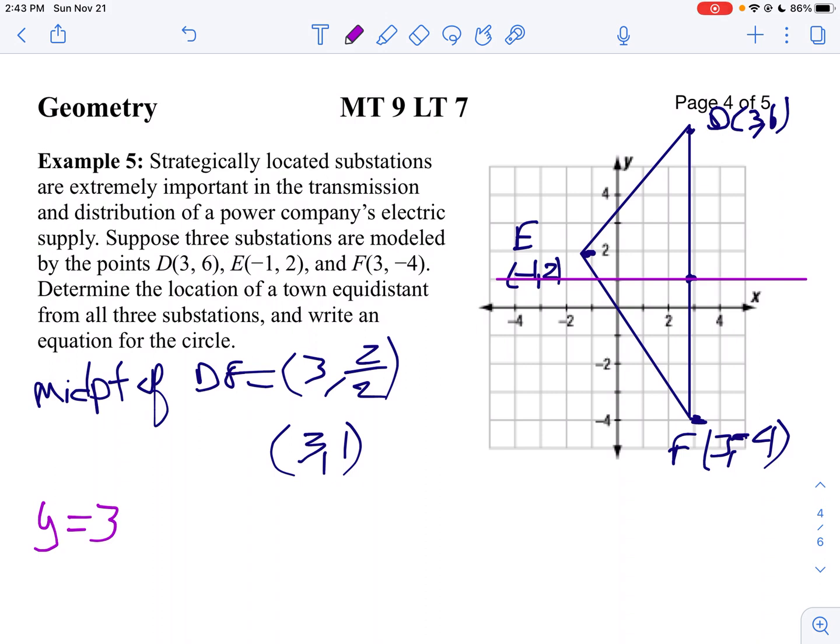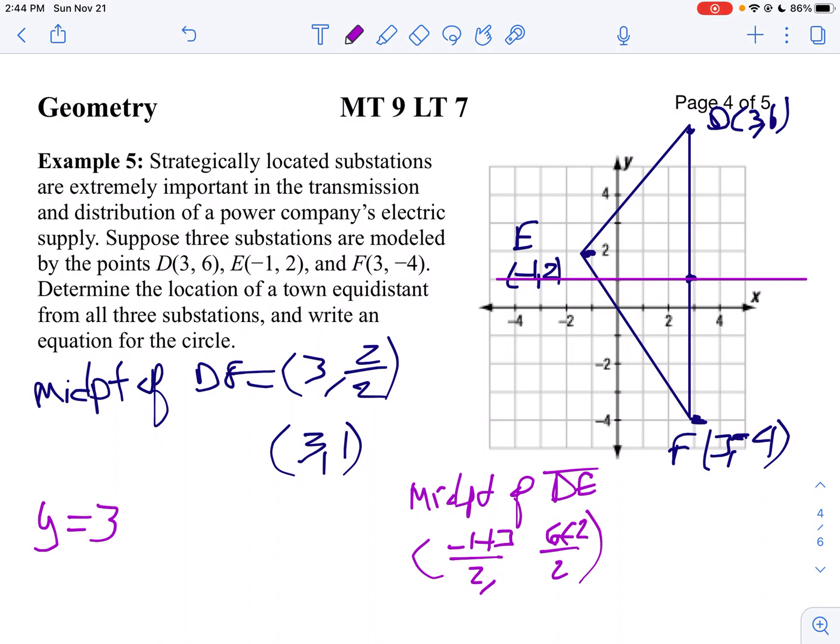Now I'm going to have to do a little bit more work for my other points. So let's find the midpoint. Let's go DE. So I want to find the midpoint of DE. So I'm going to say -1 plus 3 over 2 and 6 plus 2 over 2.